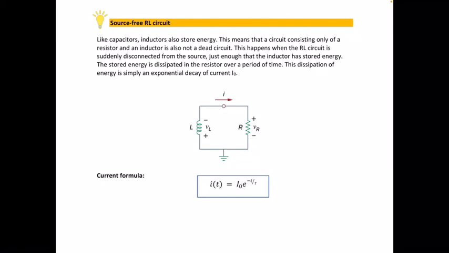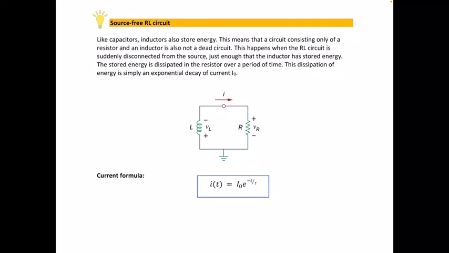Only that the dissipation of energy is simply an exponential decay of current I sub 0. So our current would eventually die off in a matter of seconds, and this is because of the inherent characteristics of the inductor itself.